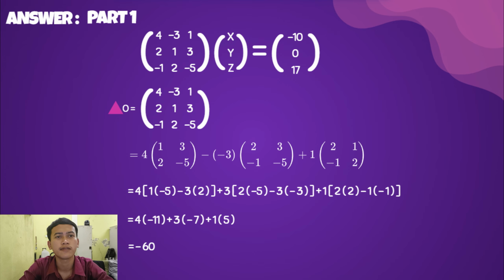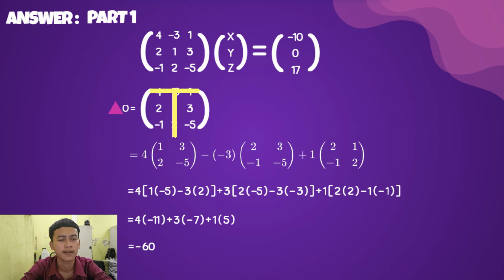So we will use the values of the first row, which are 4, negative 3, and 1. So 4, we will multiply by the determinant of 1, 3, 2, and negative 5, minus, in brackets, negative 3, and negative 3 we will multiply by the determinant of 2, 3, negative 1, and negative 5.